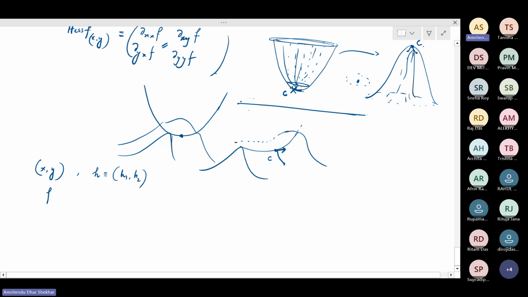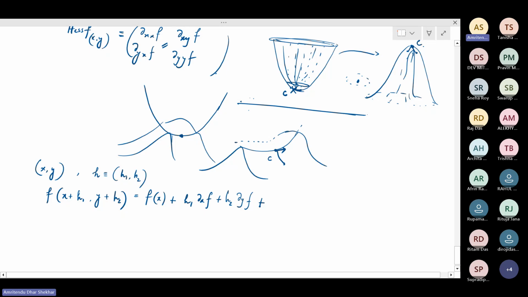Then f of x plus h1 comma y plus h2 is equal to f of x comma y plus h1 times del x of f plus h2 times del y of f plus, now this is where the second order term kicks in.